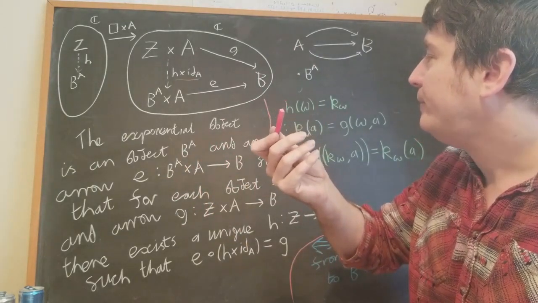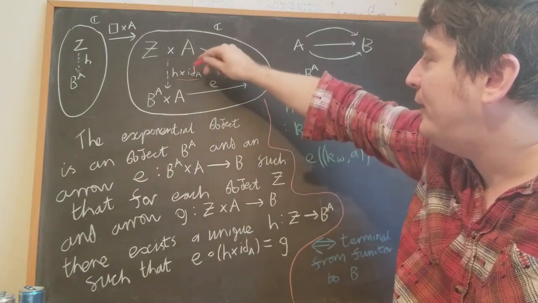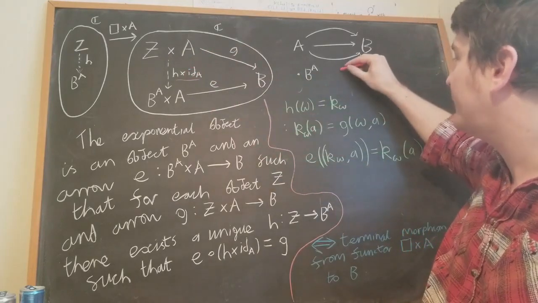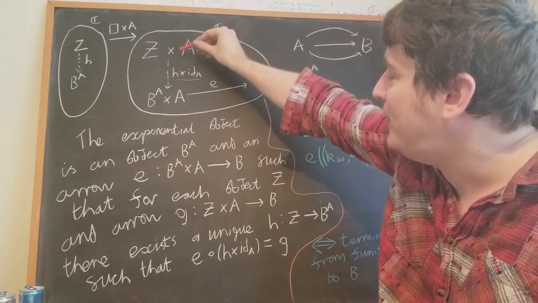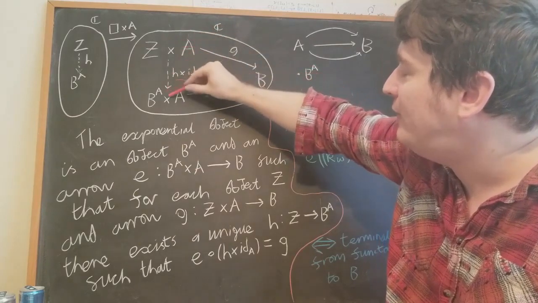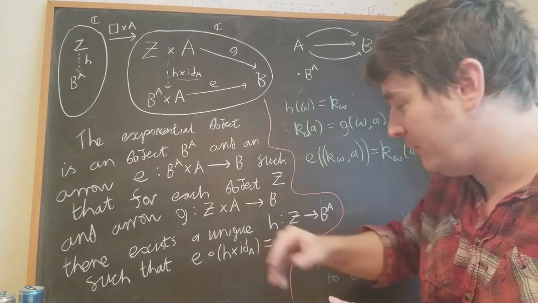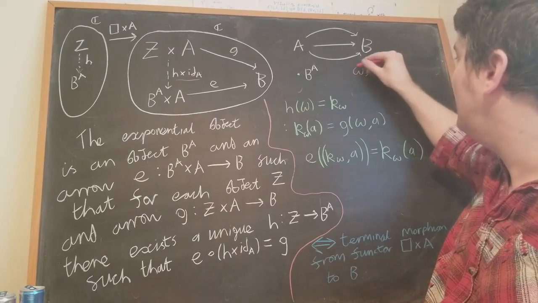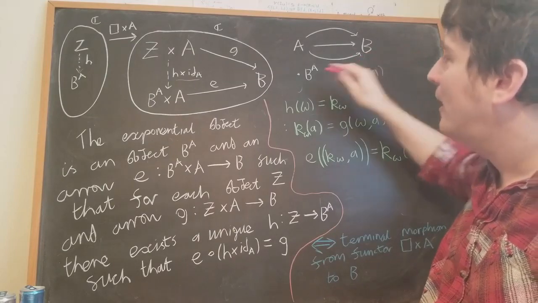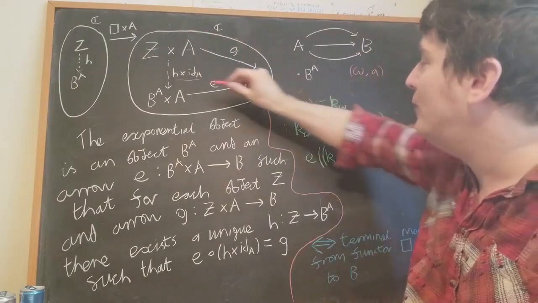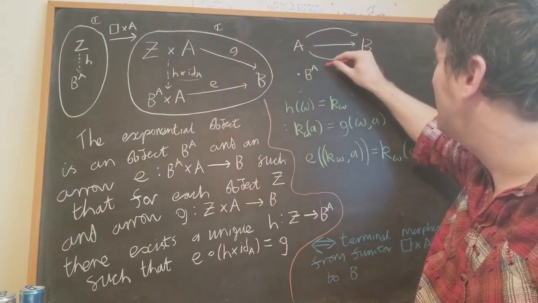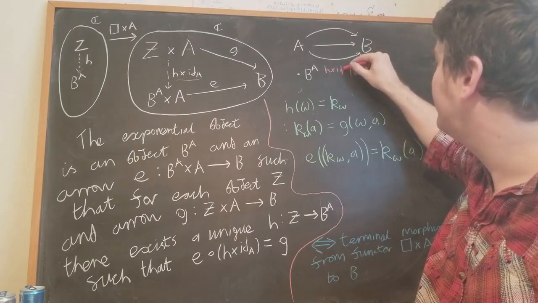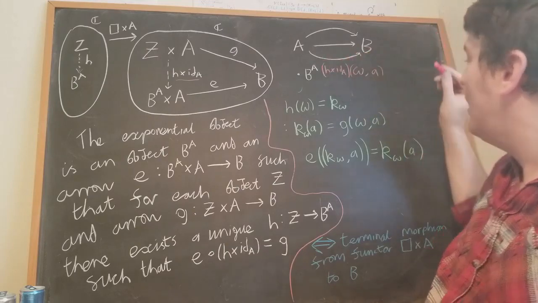But if you want to think of this in the category Set, then this would just be an arrow from Z times A to this. So if we have a general element w comma a, little a, in Z times A, and then we do this function on it, what are we going to get?